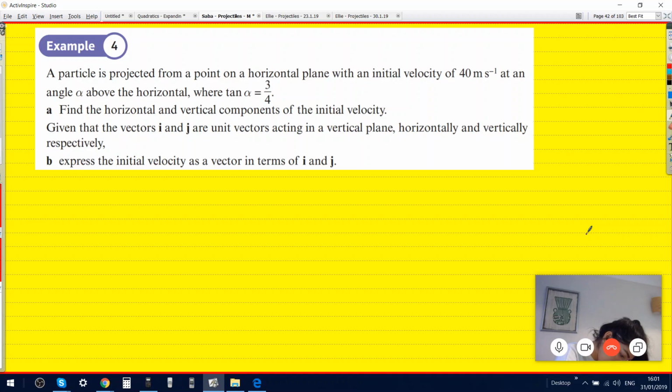If you make a triangle, tan A is 3/4, so opposite over adjacent, 3/4, so the hypotenuse is 5.